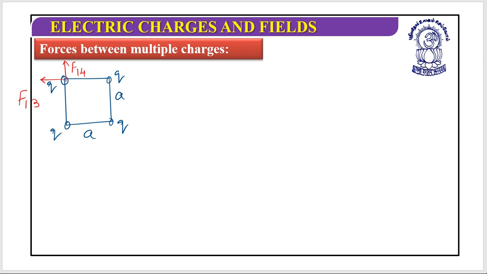And let's say this is first, second. Sorry, this is second, and this is third, and this is fourth. So this is force due to fourth charge, and this is force due to third charge. This is F13. Clear? Or should I rename it?